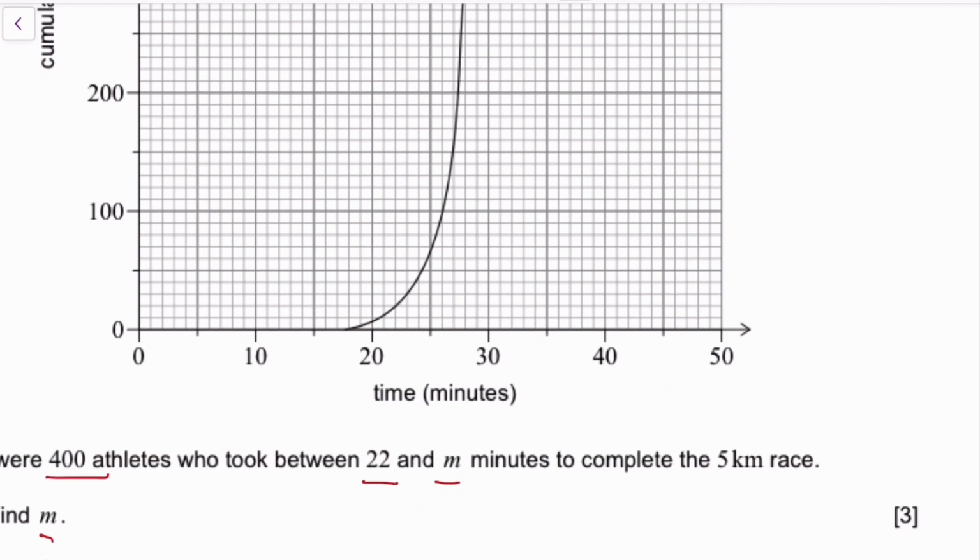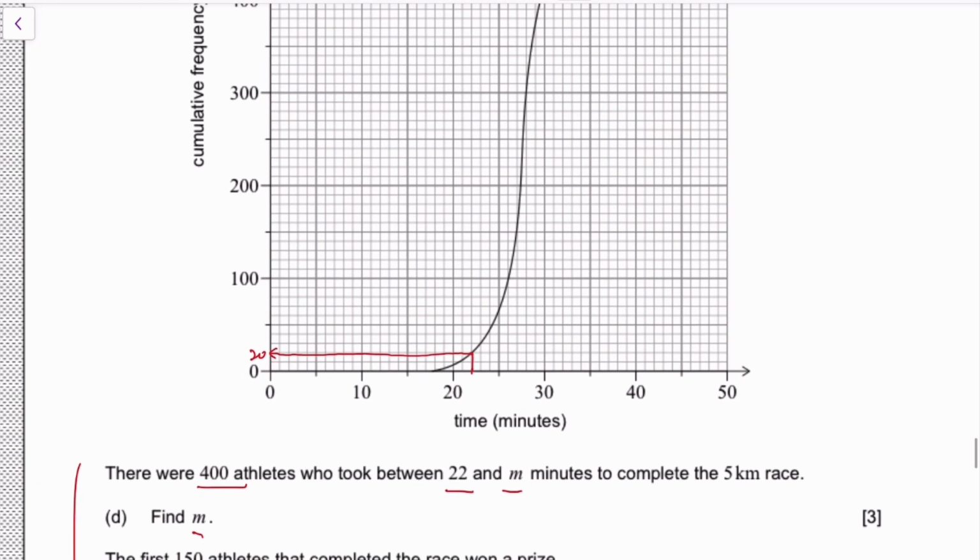So 22 is like here. So we go up to here. If you read the graph, this is 20 people. So there's 20 people that took less than 22 minutes. Now we want to find out people that are between 22 to m, but the question actually told you that there are 400 people that took 22 to m.